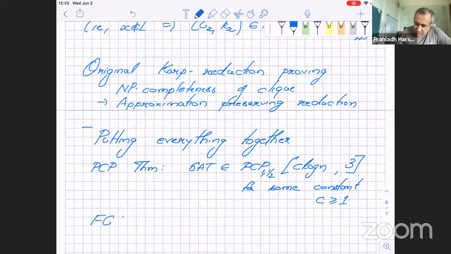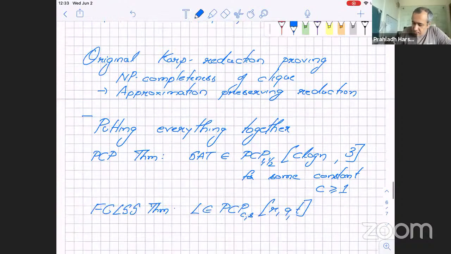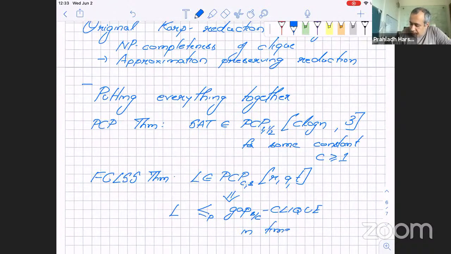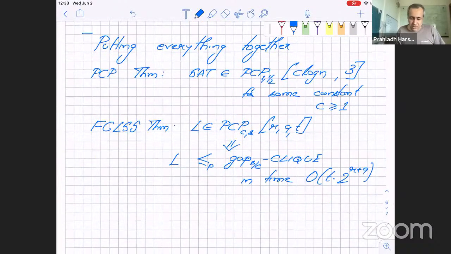The FGLSS theorem says L is in PCP C, S, R, Q, T implies there's a reduction from this to gap S by C clique in time order T times 2 to the R plus Q. You put this together, you get the following corollary.